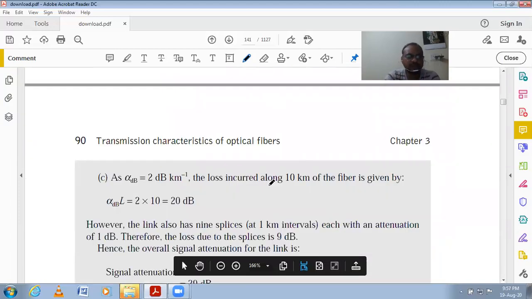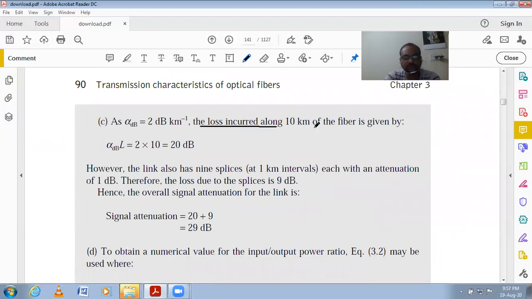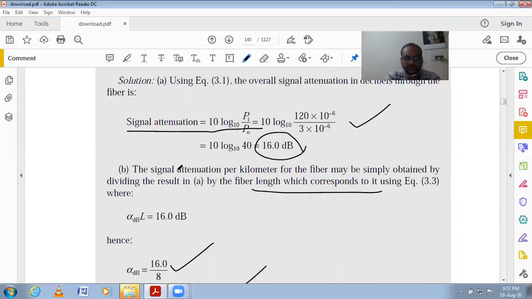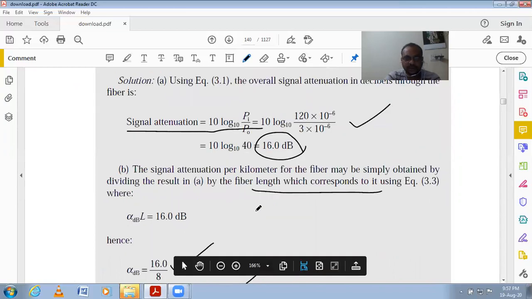Now, as alpha dB is equal to 2 dB per kilometer, the loss along 10 kilometers, the total loss, is 20 dB, right? If, however, the link also has 9 splices at 1 kilometer intervals, each with an attenuation of 1 dB, as you can see in the question, then after 10 kilometers we require 9 splices.